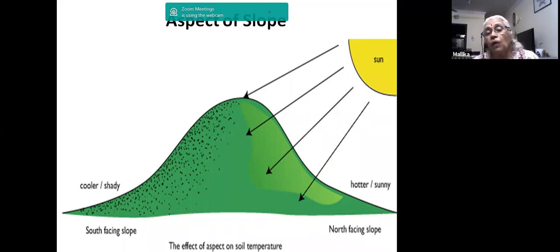The sun is always in the south because the sun stops at 23.5 degrees north latitude and then moves back to the equator, right? So here is where we have a situation where the slopes that are facing the south in the northern hemisphere will be warmer than the north, and vice versa in the southern hemisphere.